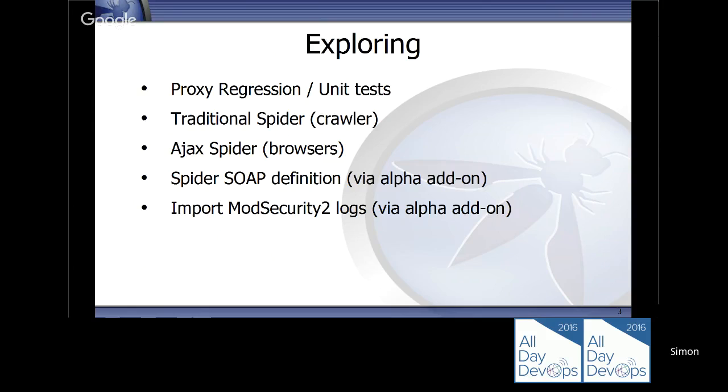If they're effective tests, then you will very thoroughly explore your application. If you don't have those or they're not complete, then use a traditional spider or the Ajax spider if your application uses a lot of JavaScript. We do have options like importing SOAP definitions and mod security v2 logs as well.